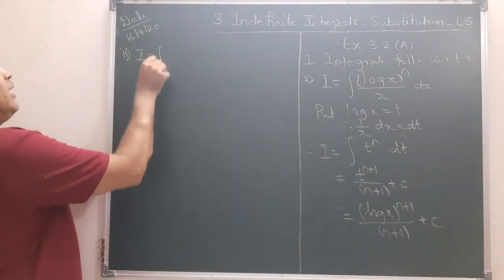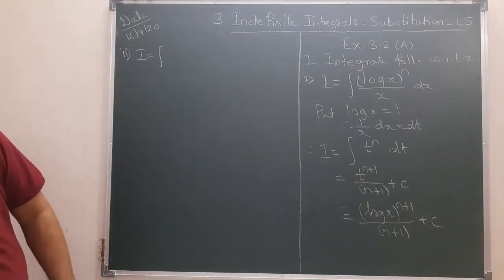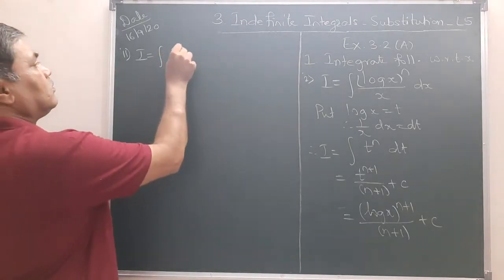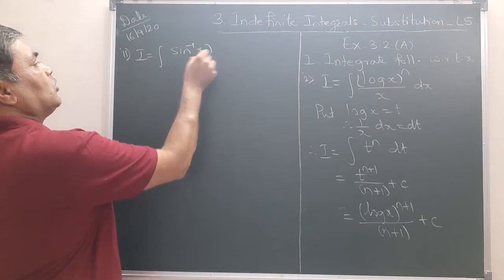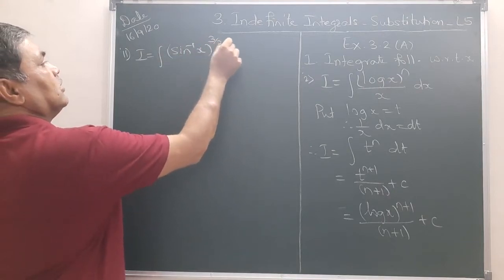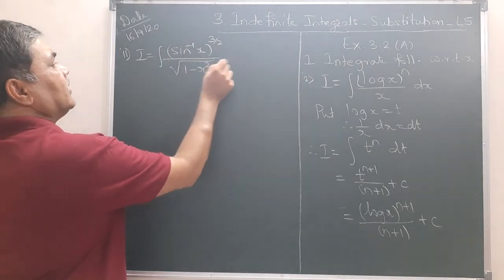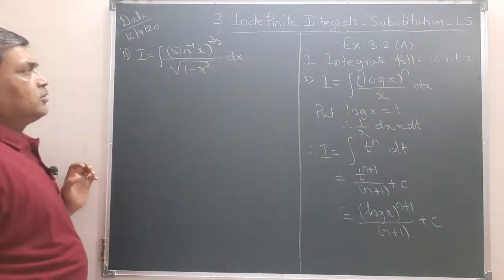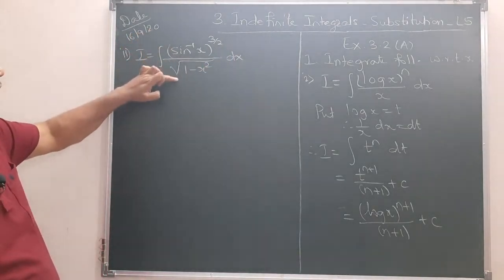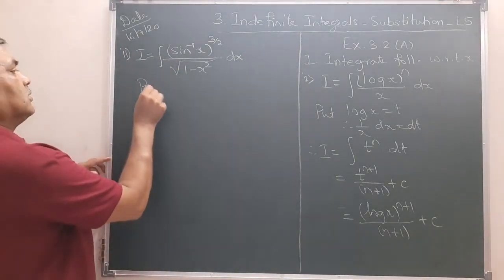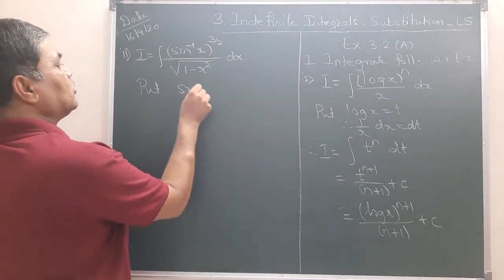Second example: I equals integral of (sin inverse x) to the power 3 by 2 upon under root of 1 minus x square dx. We know the derivative of sin inverse x is 1 upon under root of 1 minus x square. So put sin inverse x equal to t.